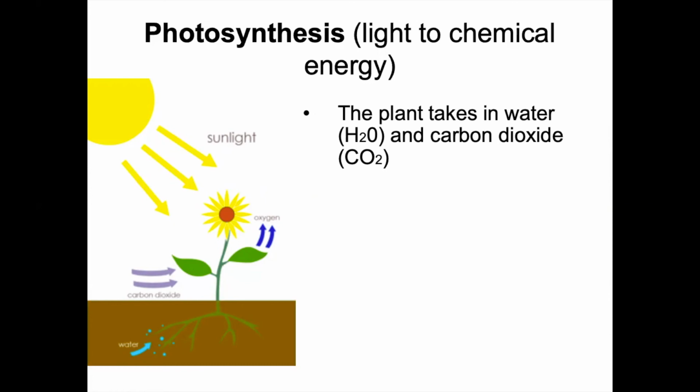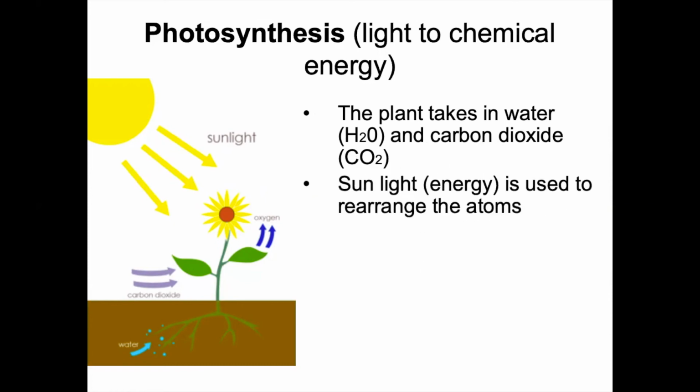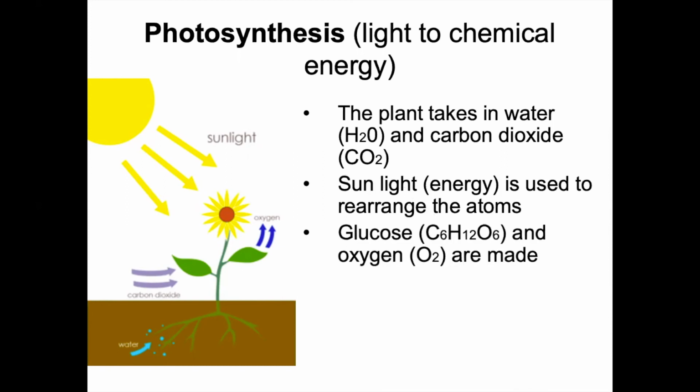It absorbs carbon dioxide. The sunlight is going to energize a chemical reaction. It's going to force these chemicals together into making something bigger and better. And that bigger, better thing is glucose.